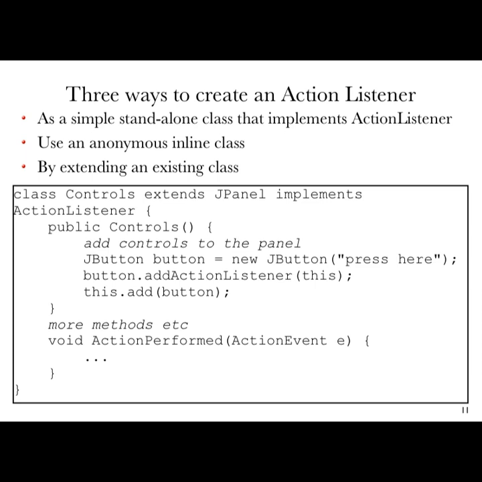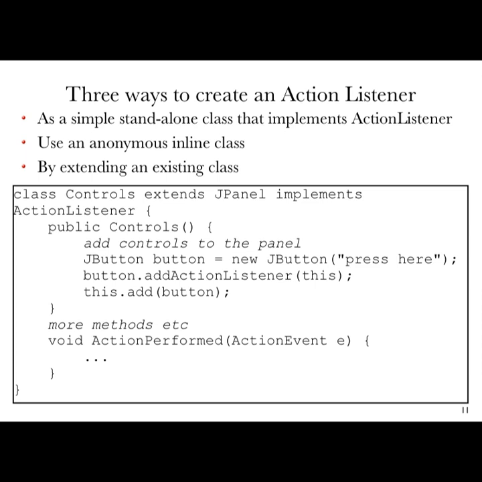Say it's a save button, you would put some code in there to write the current state of the screen to a file. Two questions: what does addActionListener actually do, and if we have two buttons, do we have to have a class for each button? So let's think about that.